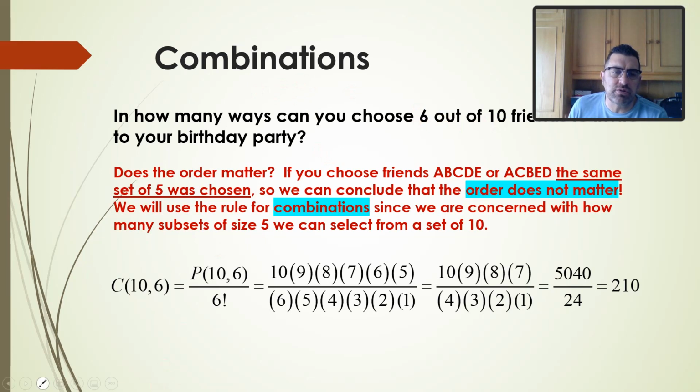So my calculation will again be 10 factorial divided by the number of choices I had, 6 factorial, multiplied by 10 minus 6, which is 4 factorial, and that's going to give us 210 choices that we have.